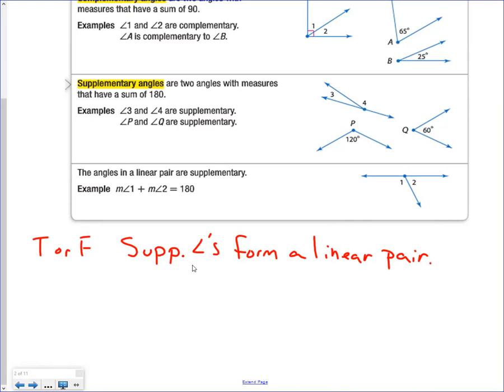All right, so what do you guys think? Is this true or false? Supplementary angles form a linear pair. Who thinks that's true? Who thinks it's false? All right, 0% participation does not work.